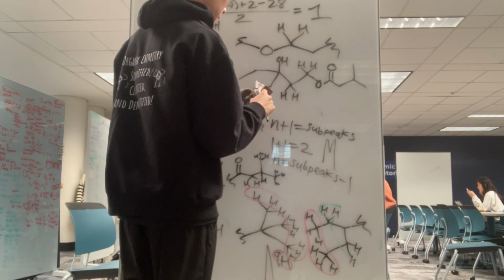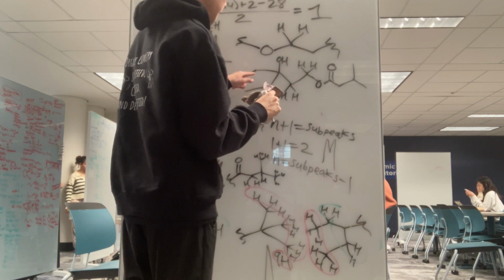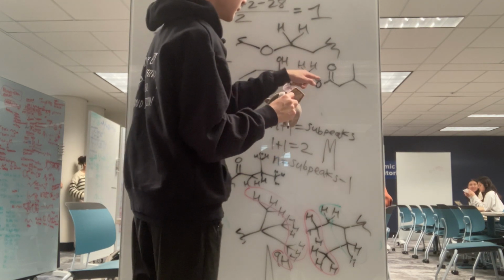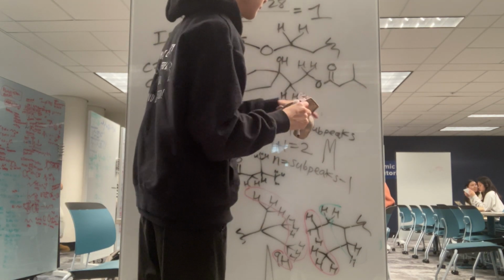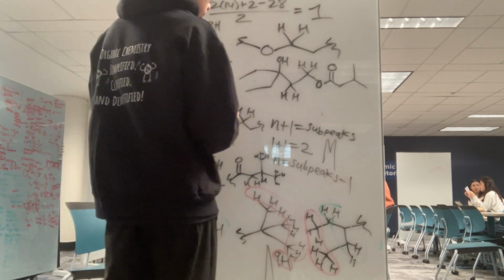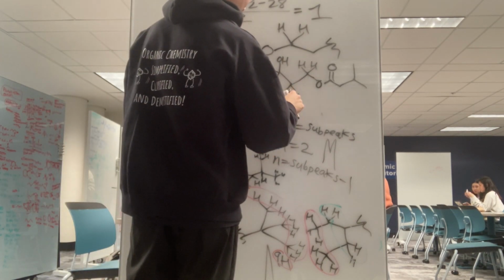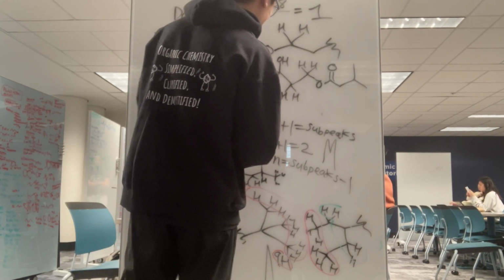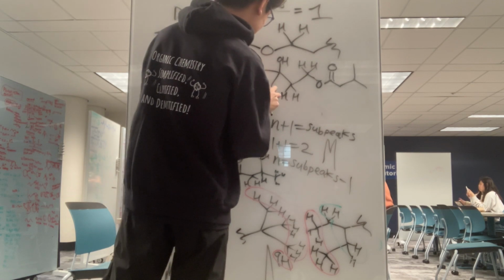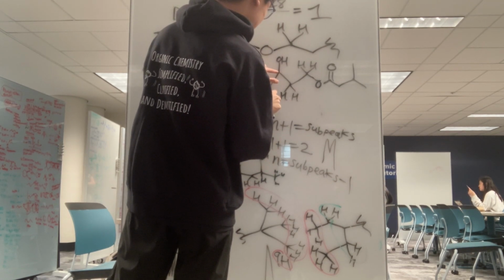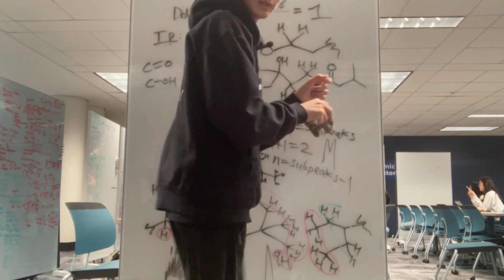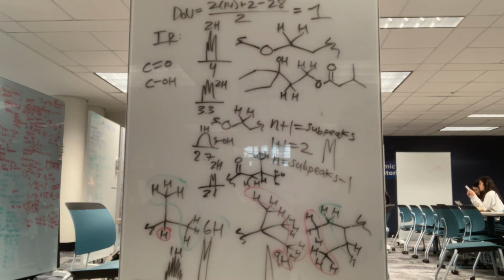Wait, we're going to do movement here? 1, 2, 3, 4, 5, 6, 7, 8, 9, 10, 11, 12. This is something weird. That's 3, 6, 2. Can I check the thing?